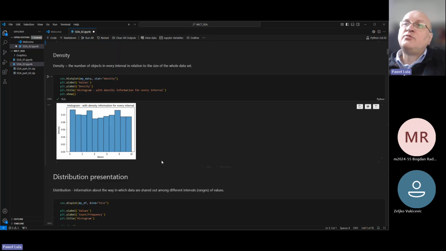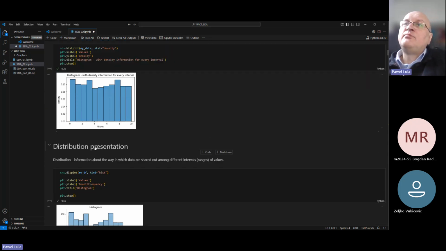So now we can move to this very, very important concept, which is called distribution of random variables. How to present distributions? But of course, first we should define this concept. Distribution: information about the way in which data are shared out, divided among different intervals.